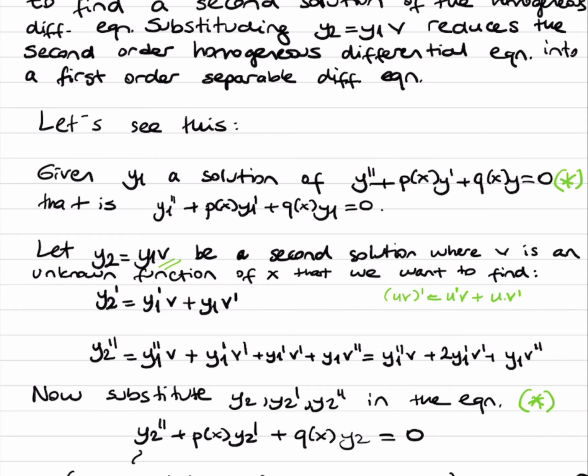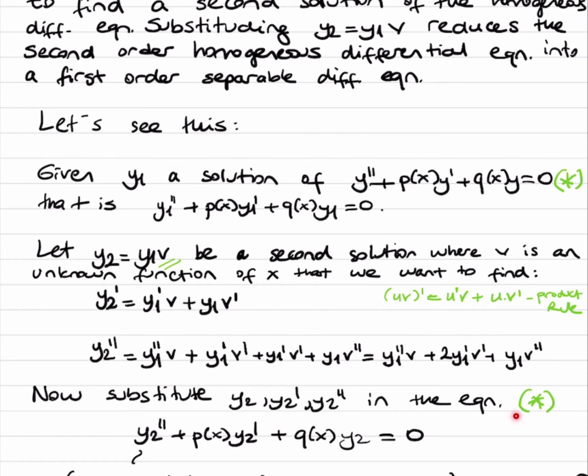So this is the product rule. We apply it: the derivative of y1 times v plus y1 times the derivative of v. And when we take the second derivative, we use the same idea, again the product rule, and we get the second derivative.